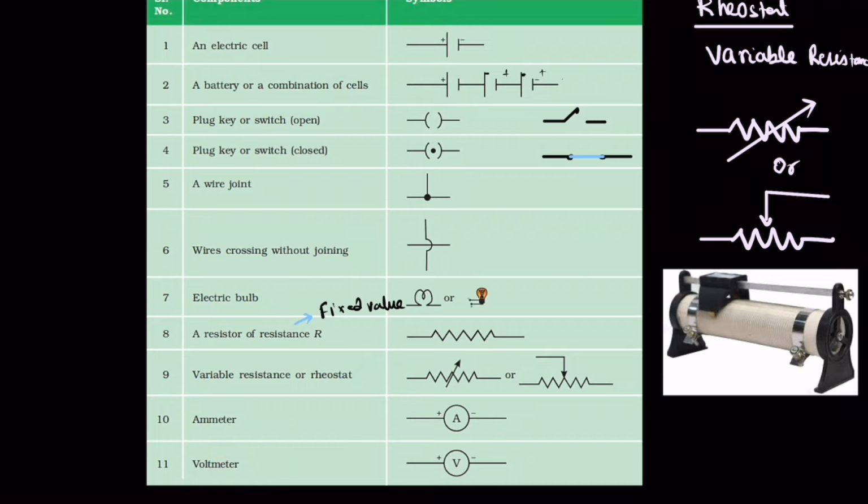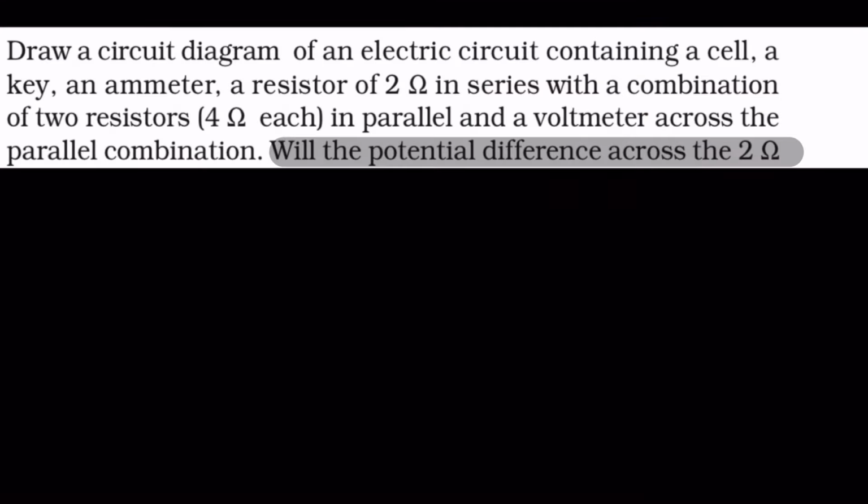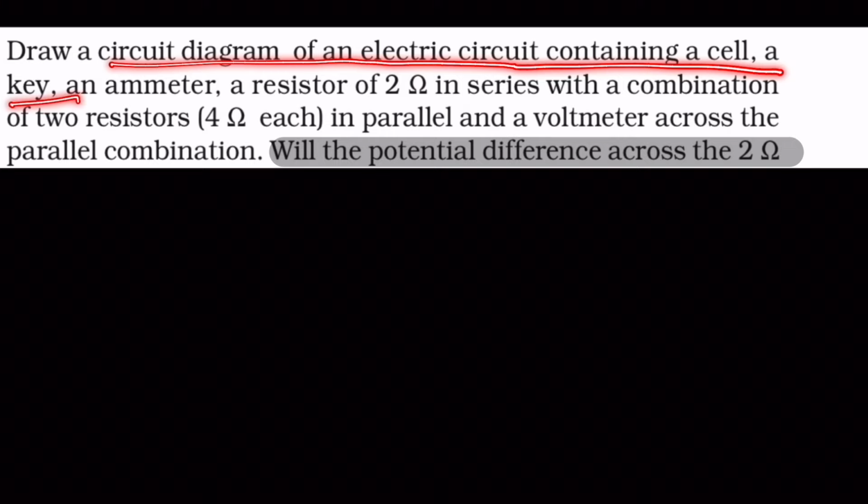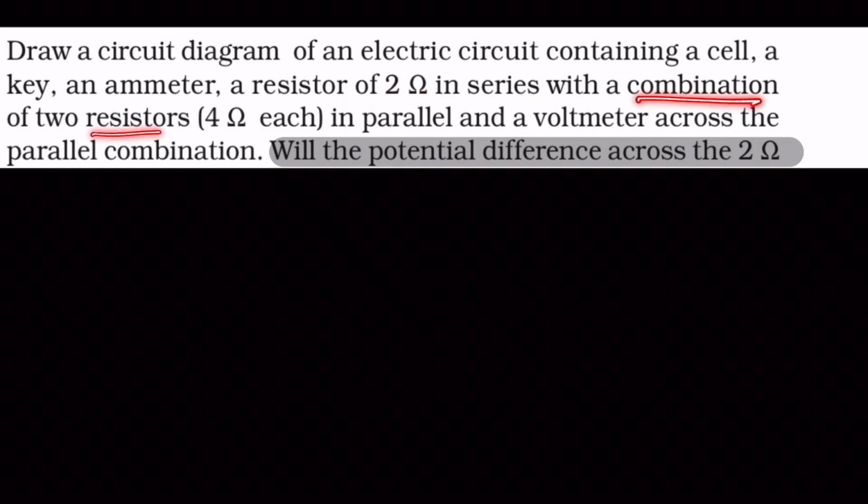So if a question comes in the exam, how will we do it? Let's try one question. In this question, we have to draw a circuit diagram of an electric circuit containing a cell, a key, an ammeter, and a resistor of 2 ohm in series with a combination of two resistors of 4 ohm each in parallel, and a voltmeter across the parallel combination.